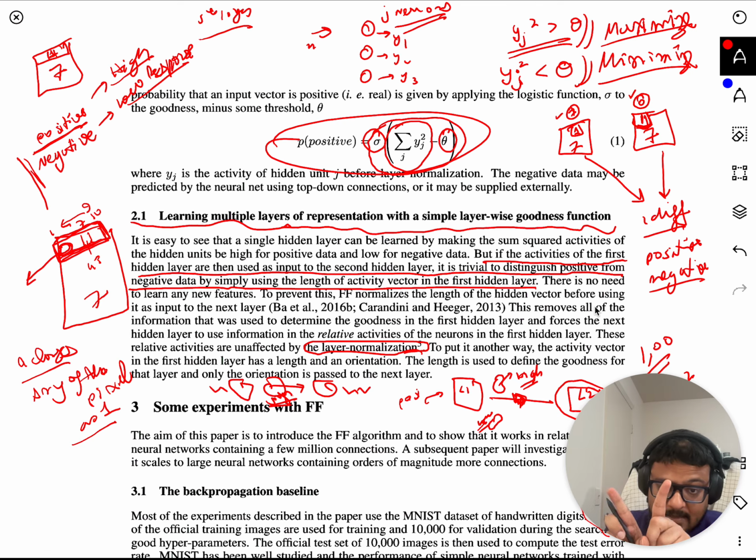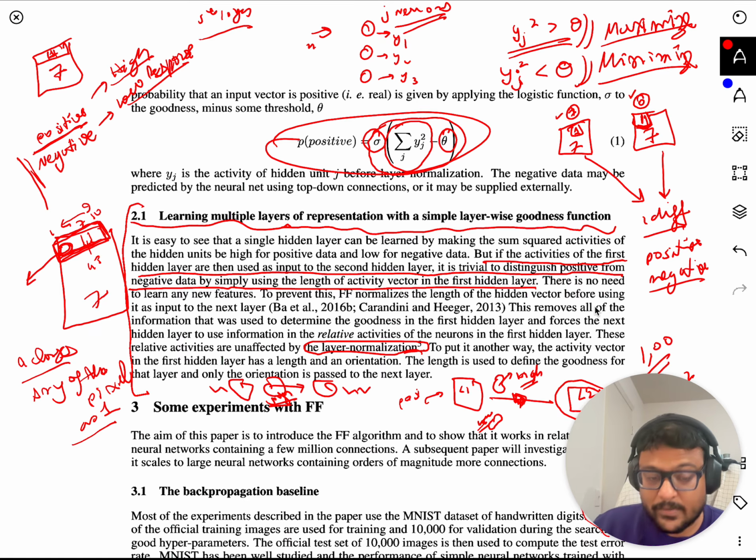That's a really hard task for every layer of the neural network. So the one line takeaway is that he wants to apply layer normalization between different layers of the neural network. Okay, this is good.